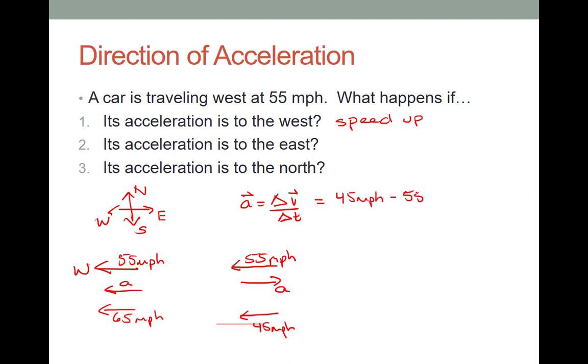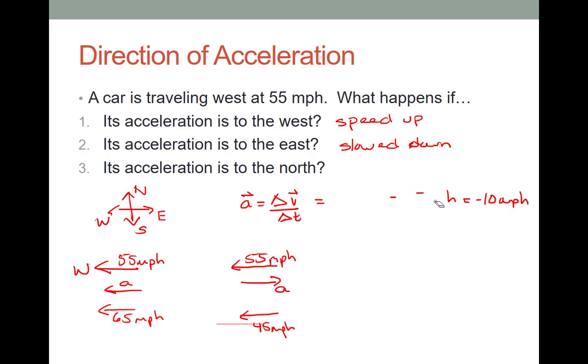My initial was 55 miles per hour. Notice I plugged this in with a positive sign. That means west is positive, or an implied positive sign. And we can see that this is negative 10 miles per hour. So that would mean it is in the opposite direction of the assumed positive west direction, or my acceleration is east. And indeed, we lost some speed there, so we slowed down.